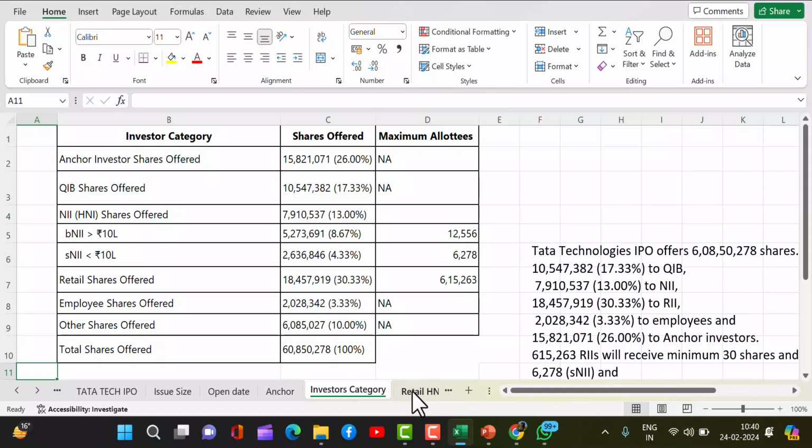Total shares, this. Okay. NII में दो class हैं ना, 8% and 4%, that makes 13%. Yeah. So we can just check that.